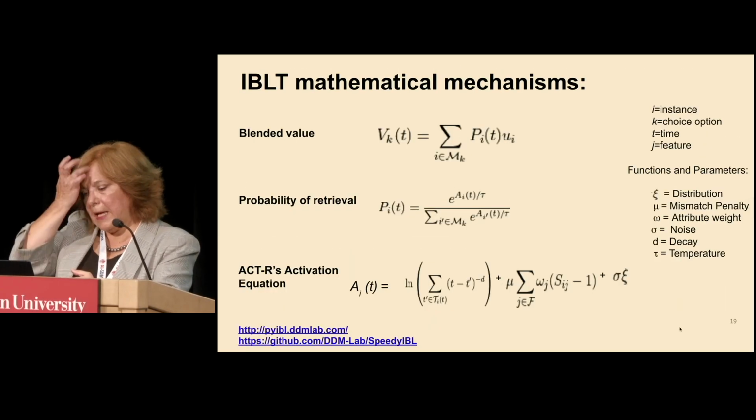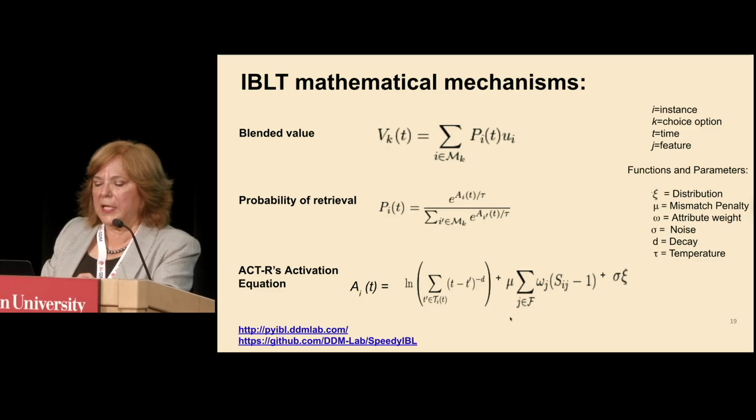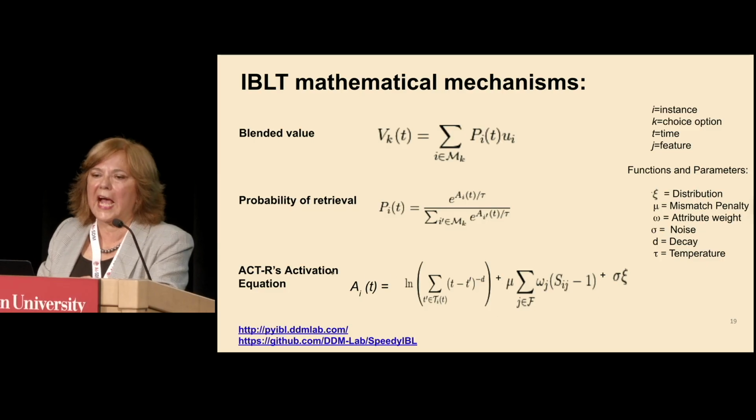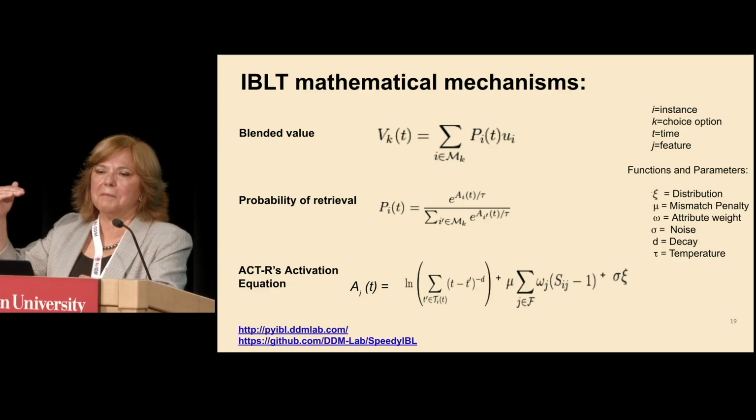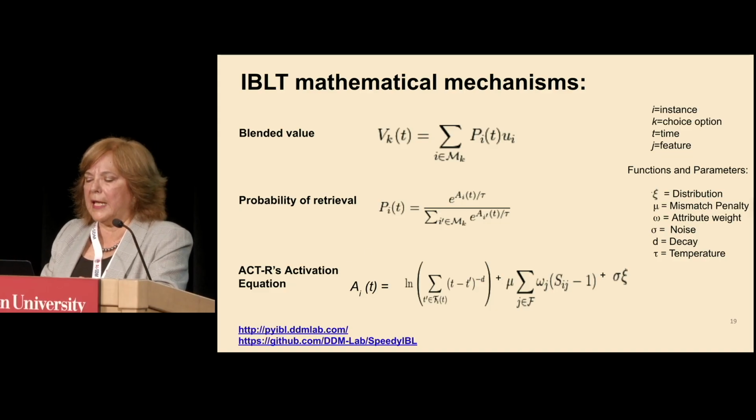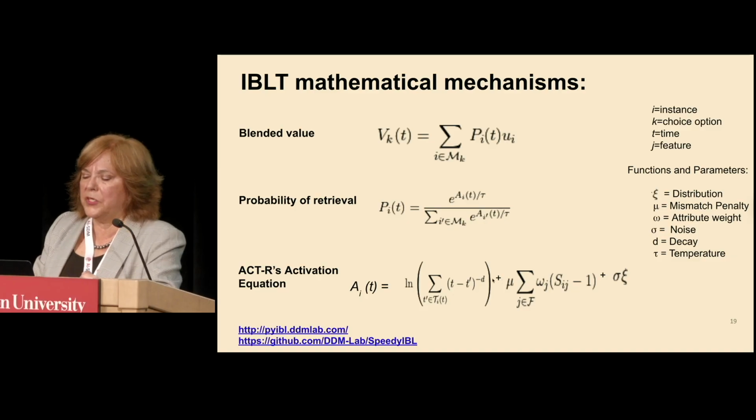So this is the math. You start with calculation of the activation, and this is for every instance in memory. At each time, you calculate the activation of that instance by using this formula.